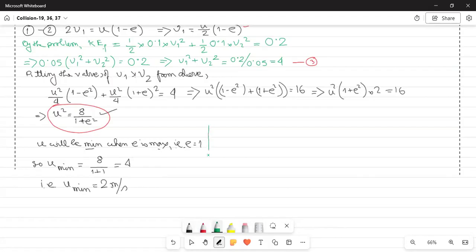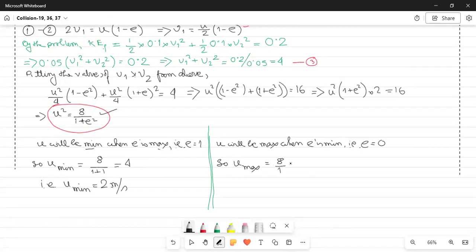And what is u maximum? Maximum when e is the minimum, when the value of e is 0. So u maximum whole square is equal to 8.